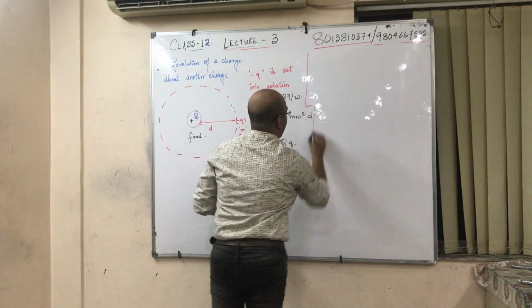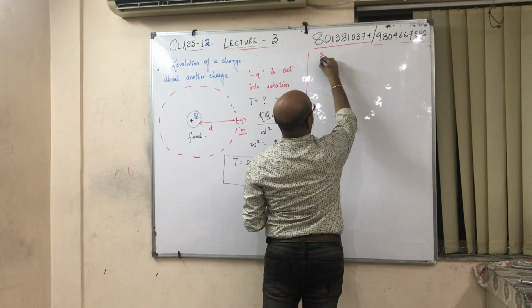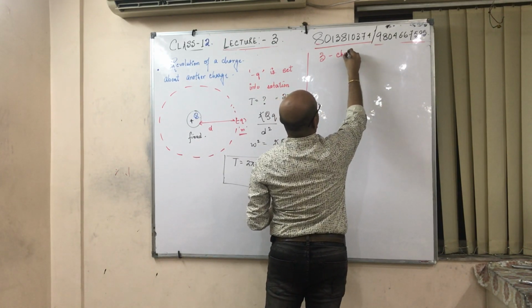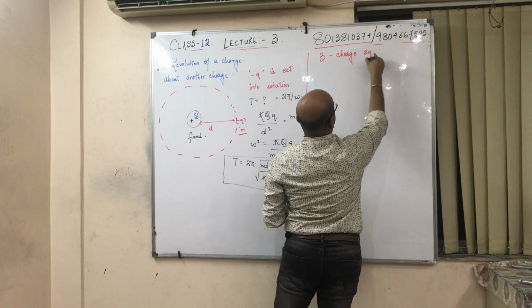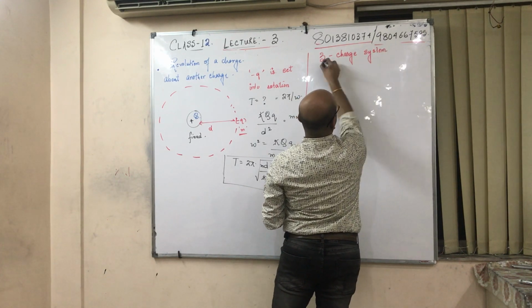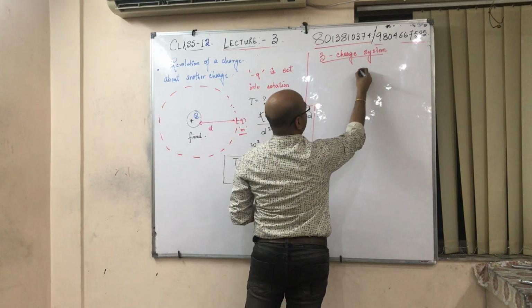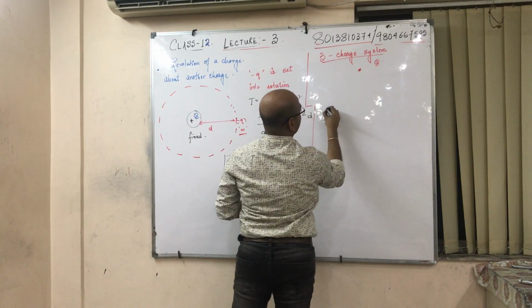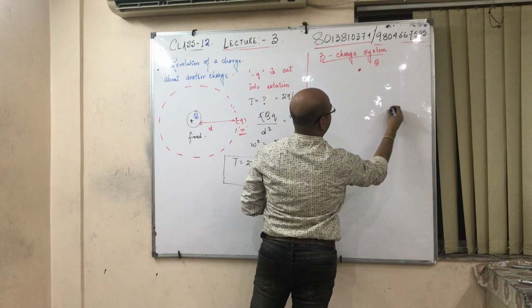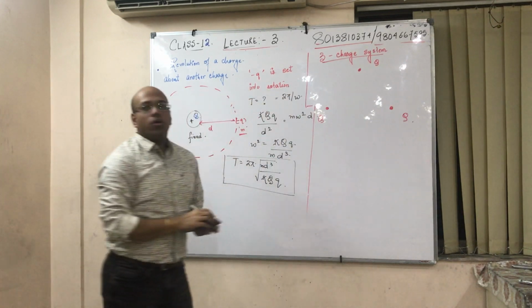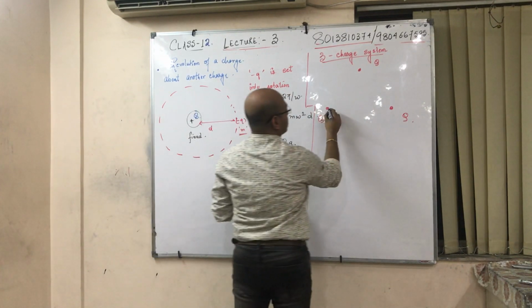Now we move on to another topic, the three charge system. Now they are not in a line. Okay. Now what do we do? We say Q, Q, Q, the three charge system.